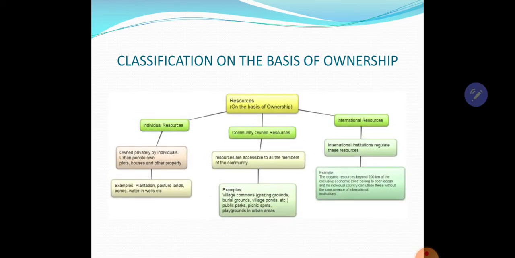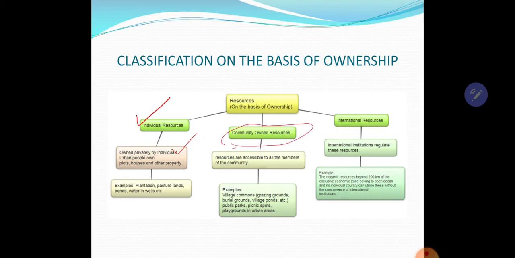we have individual resources. Now, in individual resources, they are owned privately by individuals, that means if you have your house, your car, your land, your shops, all these things are your individual resources. Then comes community owned resources.